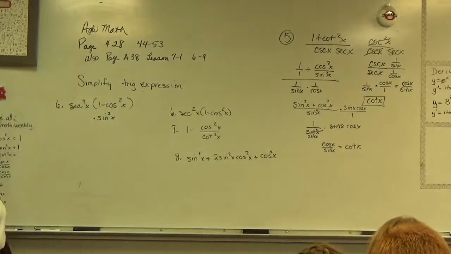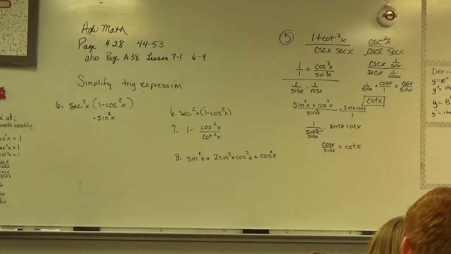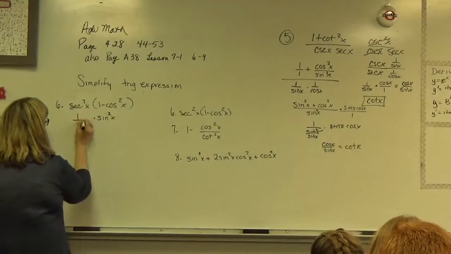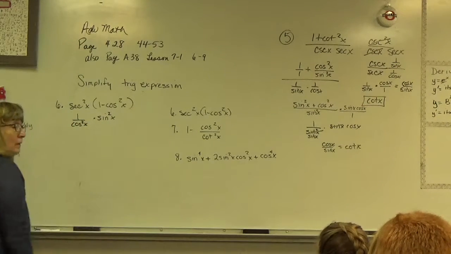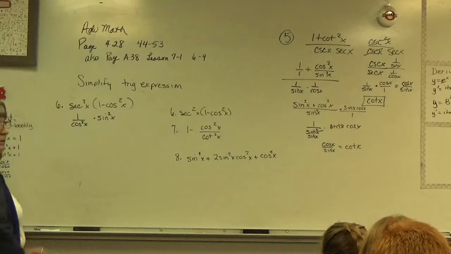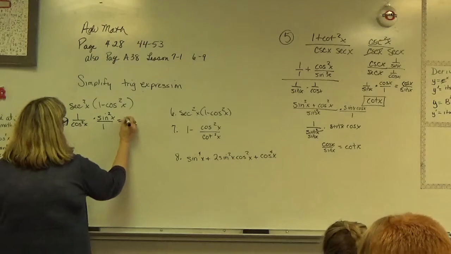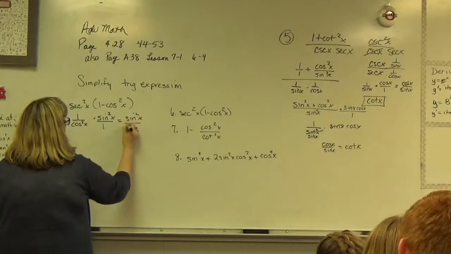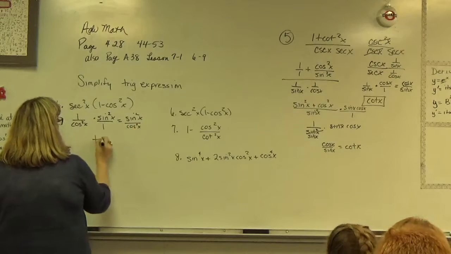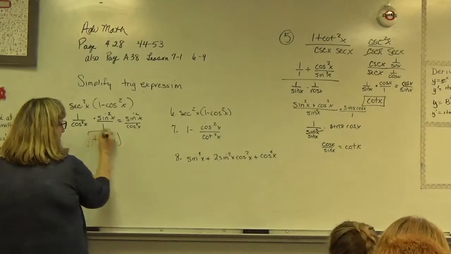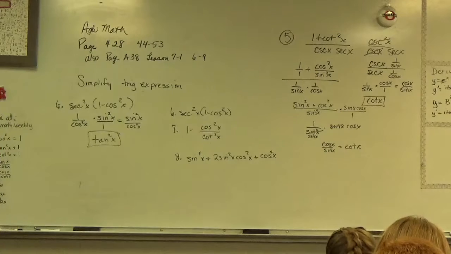What could I do with secant squared? Put it as 1 over cosine squared. So now don't I get sine squared over cosine squared? Which is tangent squared. Everybody good there?